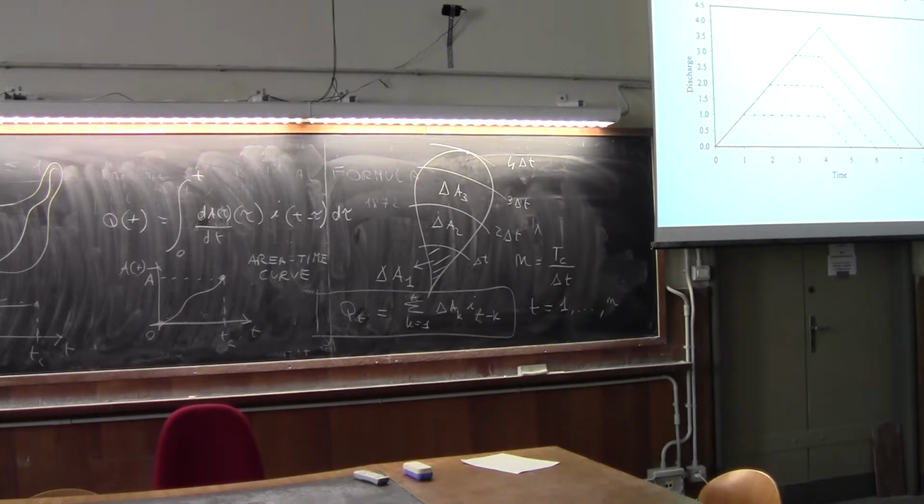4 hours. It's not specified that they are hours, but let's assume for clarity that they are hours. They could also be days, it doesn't change anything. The rainfall may have 4 different durations, but rainfall is constant, which means that if you have a duration of 4 hours of rainfall, it's constant over the 4 hours. Otherwise the shape of the hydrograph becomes more complicated.